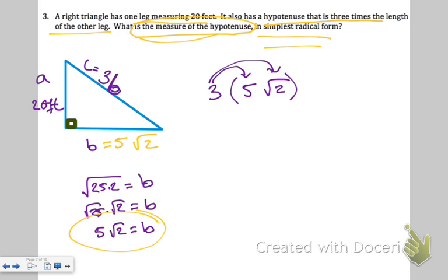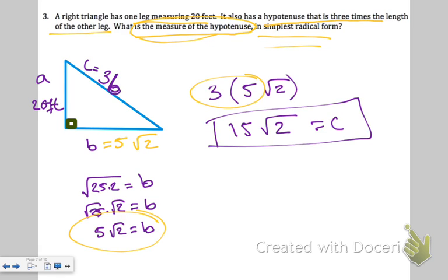So we would either have to have a plus sign or a minus sign between 5 and square root of 2. So since this is all multiplication, we're simply going to multiply 3 times 5. And 3 times 5 is 15. So the measure of the hypotenuse in simplest radical form is 15 radical 2.